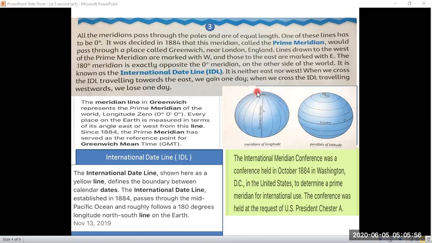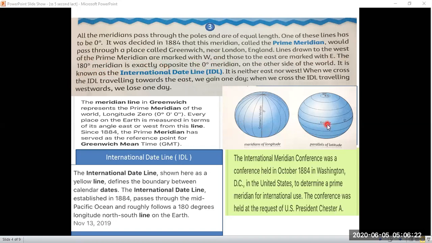In the last lecture we already learned the compass directions: east, west, south, north. So the lines to the west of the prime meridian are marked with W, and those to the east are marked with E. The 180-degree meridian is exactly opposite to the 0-degree. Look at here.